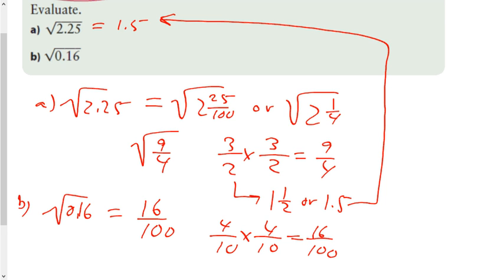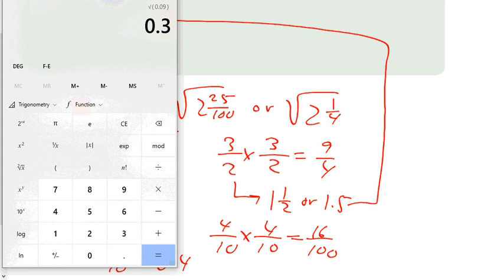So therefore, what is the square root of 16 hundredths in decimal form? In fraction form, it's 4 tenths. In decimal form, it's 0.4. Just to make sure, I'll grab my calculator. What is the square root of 16 hundredths? The answer is 4 tenths.